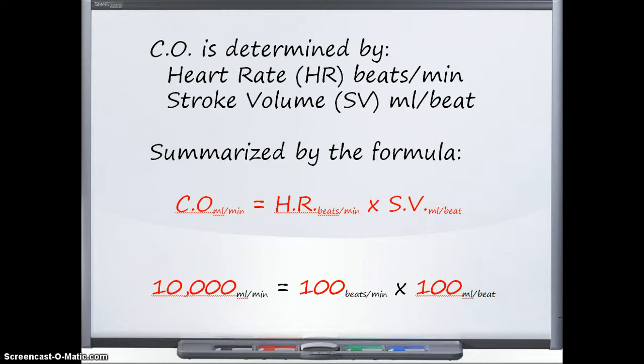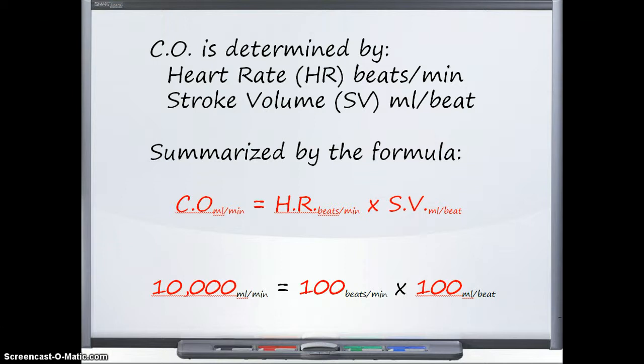Now that's more than double the resting cardiac output of 4,900 milliliters per minute, but we haven't nearly doubled either the heart rate or the stroke volume. So very small changes in heart rate or stroke volume can lead to relatively large changes in cardiac output because it's a product. We're multiplying, not adding the effect.